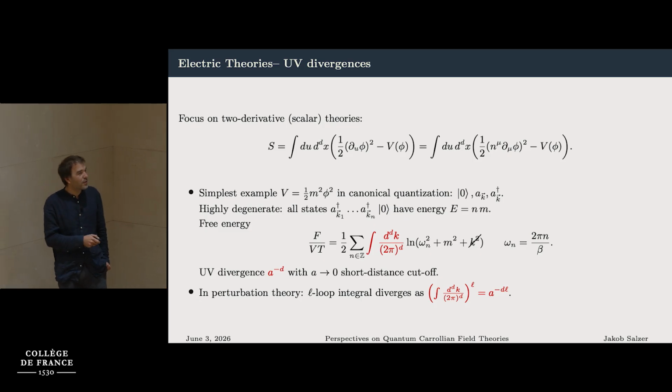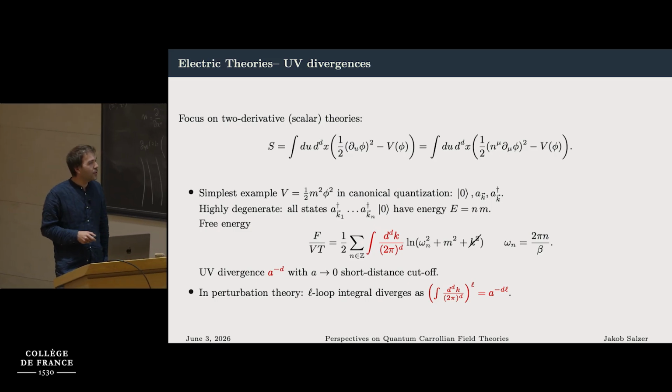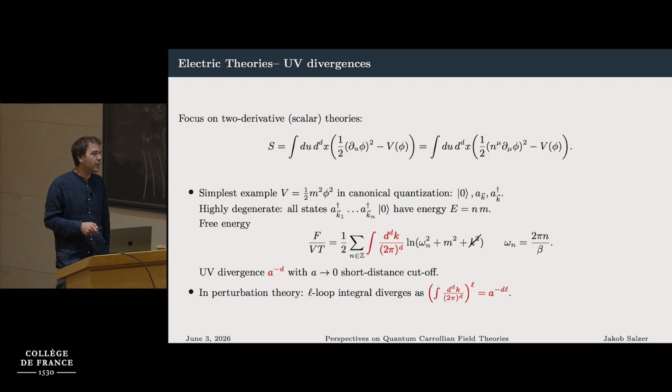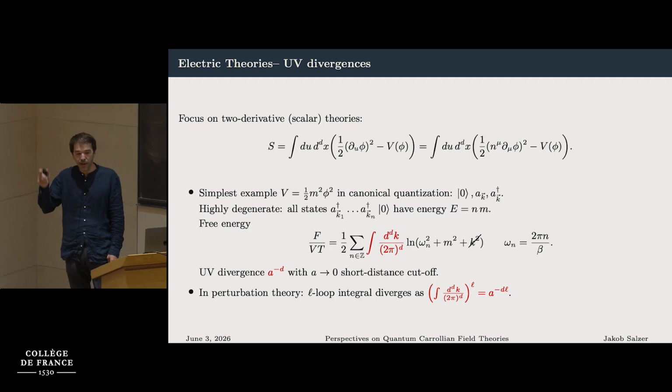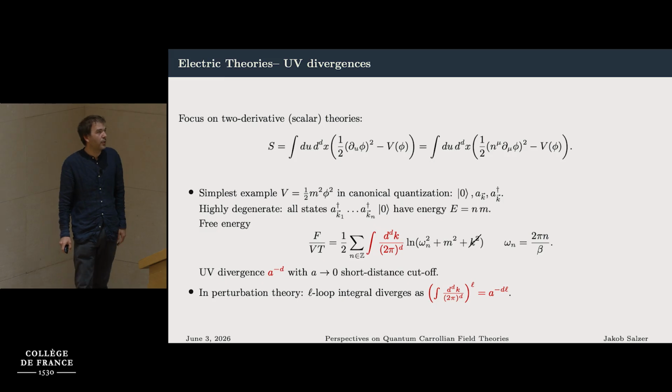So what they will give you is just a divergence a to the minus d, with a some UV cutoff. So you see that we have some UV divergences that we have to take care of. Similarly, if you start to do perturbation theory for these theories, all the loop integrals will diverge as a to the minus dl. So these theories clearly need some regularization.